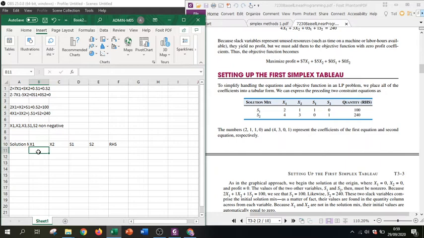And we can put the coefficients of the first constraint in this row. So this is 2 and 1, 1, 0. And then this is 100. And then this is 4, 3, 0, 1, and this is 240.